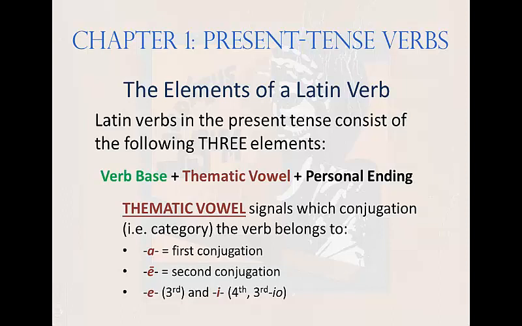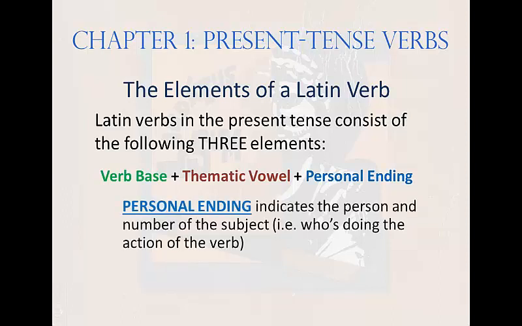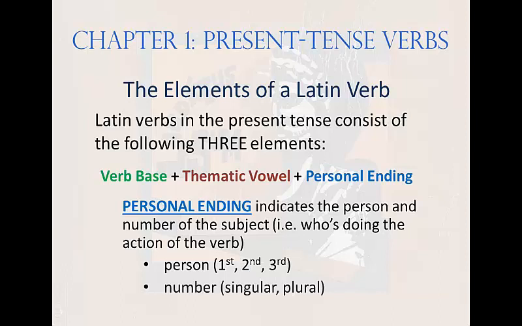A verb belongs to one conjugation, and that's all. Which conjugation has to be memorized with each verb. Finally, the personal ending indicates the person and number of the verb, that is, who's doing the action of the verb. Person signals whether it is first, second, or third person, and number signals whether it's singular or plural.